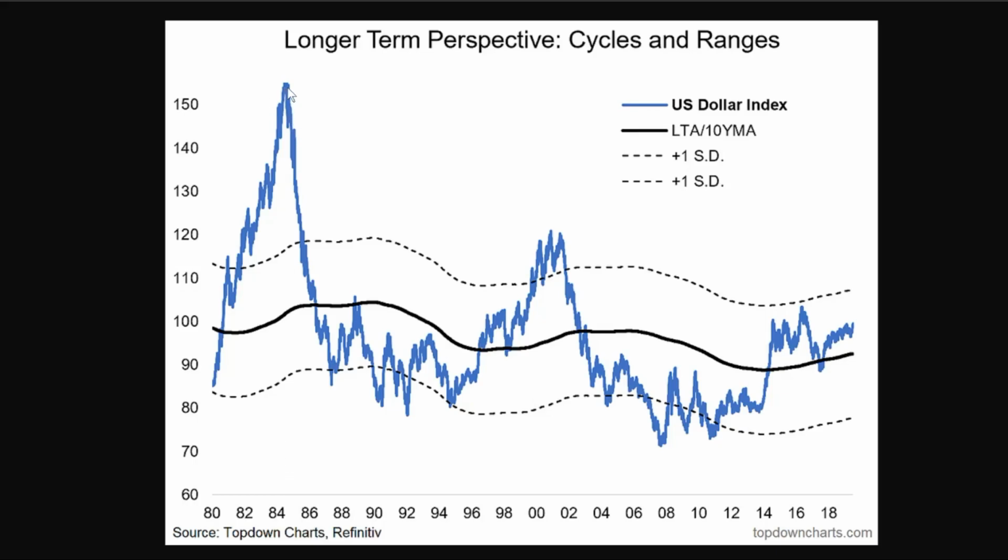The peak there in 85, and then another peak in 2000, and then fast forwarding, another peak that might be 2015 or 16. So the point is, we've got what looks like a 15-year cycle from peak to peak.